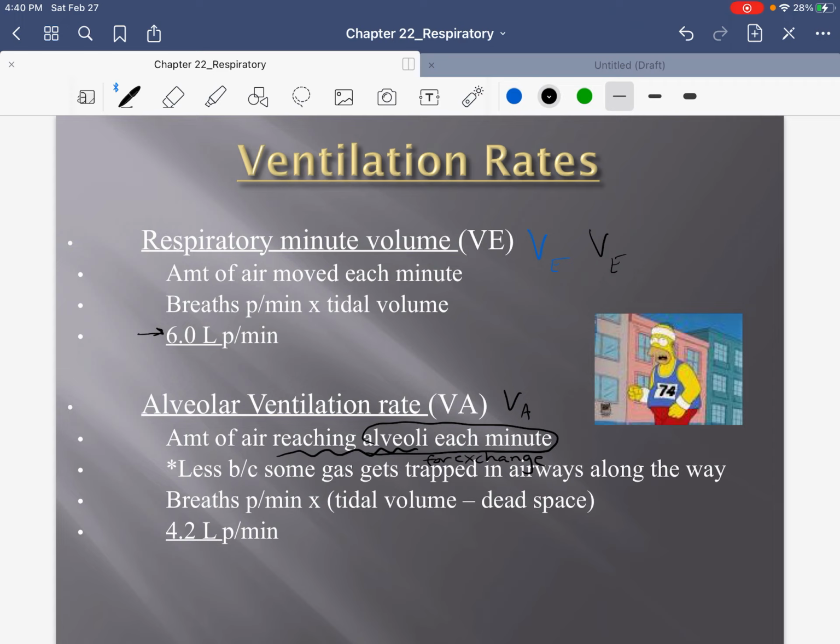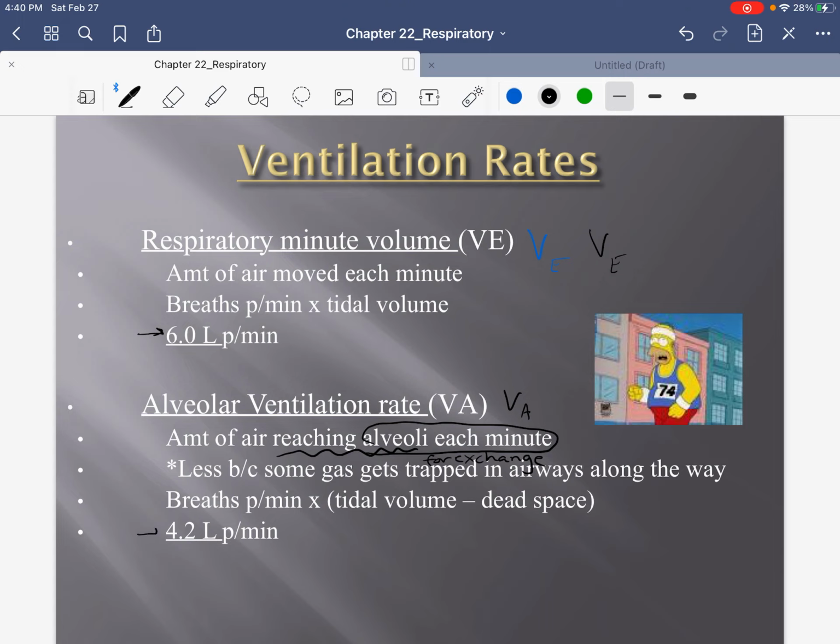And the alveolar ventilation rate, V sub A, is the amount of that air that reaches the alveoli for exchange. You can imagine a multiple choice question where you just match the correct definition.